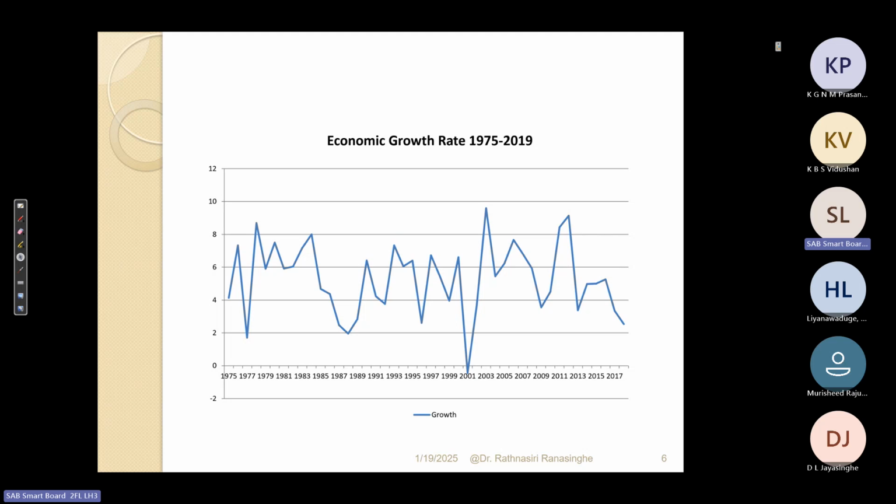Over time, if you look at the trend, the average growth is around 5%. If you plot a trend line for this, the average growth rate is around 5%, even though we introduced so many reforms from time to time: liberalization, privatization, all these things.